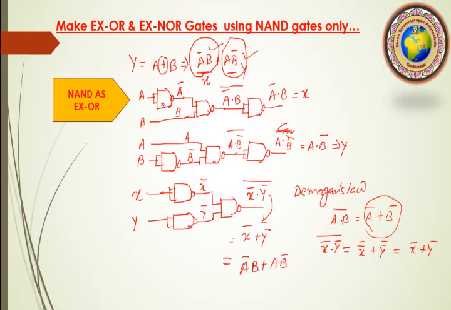So here I require 1, 2, 3, 4, 5, 6, 7, 8 and 9, so 9 NAND gates are required for making XOR.